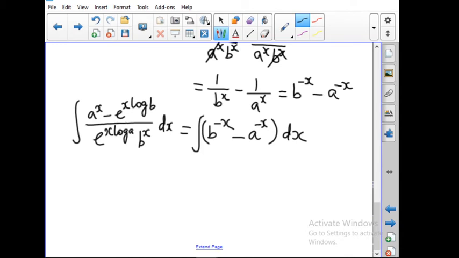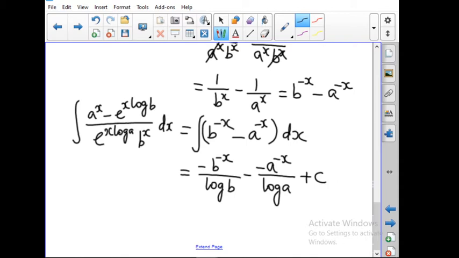Now, what is the integration of a^x? It is 1/log a · a^x. Here the coefficient of x is minus, so we take a minus in both integrations: minus b^(−x)/log b, and here minus of minus a^(−x)/log a.